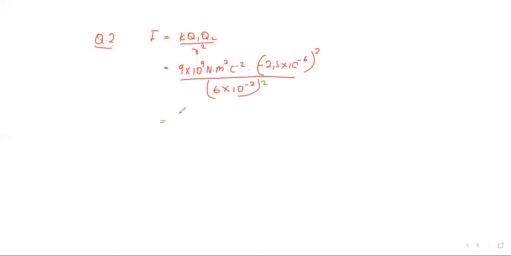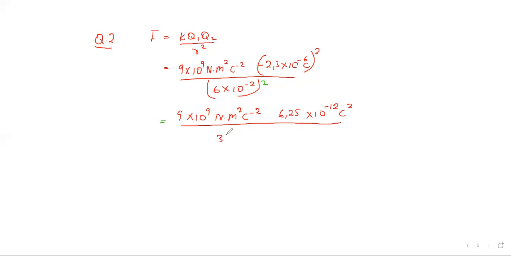That will be 9 Newton meter squared, coulomb here, per coulomb squared. 25 times 25 is 625. 10 to the power minus 12 coulomb squared.